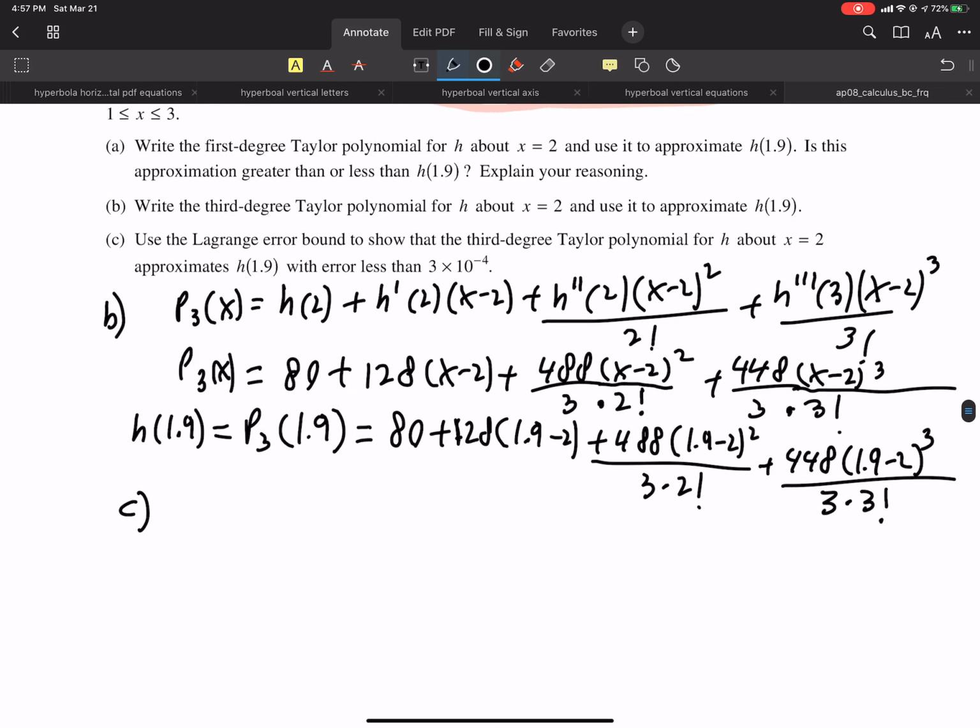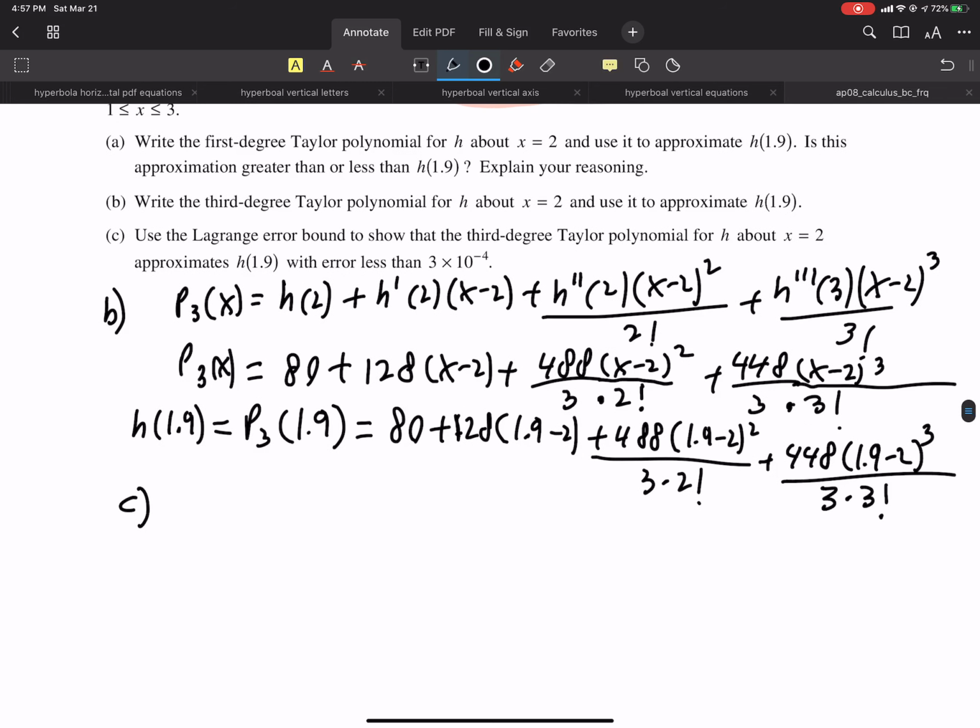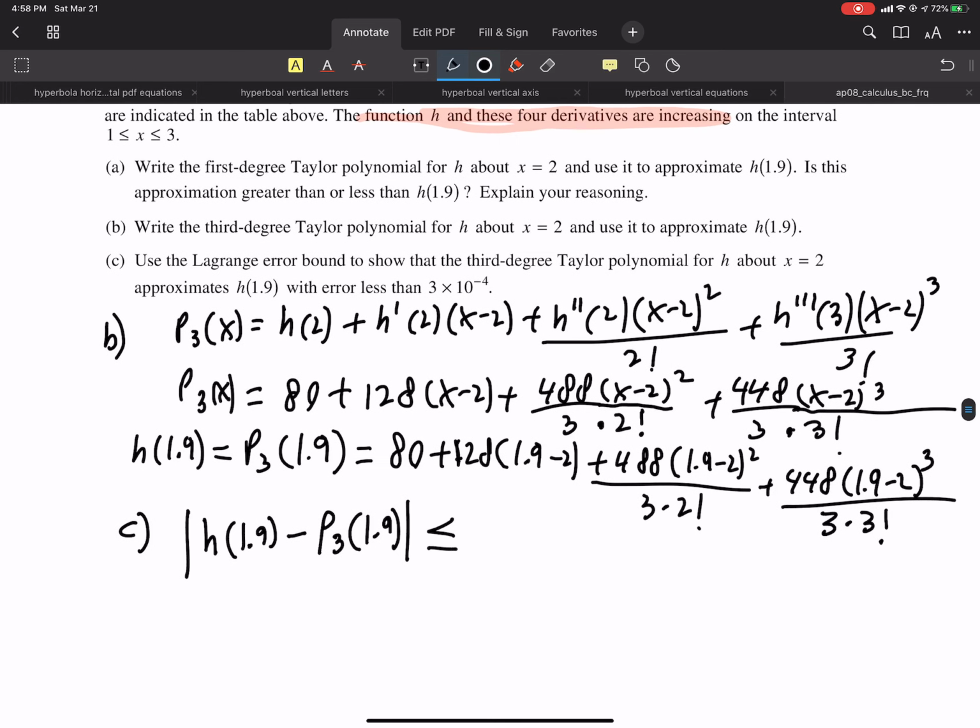All right, so in Lagrange, we're guaranteed the error. So we're going to say the actual value compared to the Taylor polynomial we just used, that difference is less than or equal to the next unused term. So it's going to be the fourth degree. The general fourth degree term, we want to maximize that term. So we're going to take the maximum value, where c needs to be between the center point and the point being approximated.